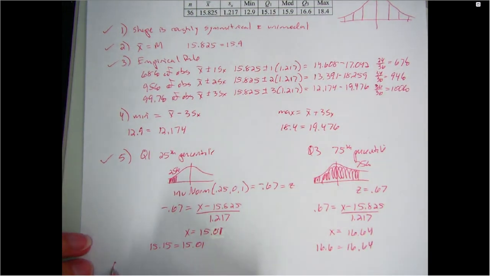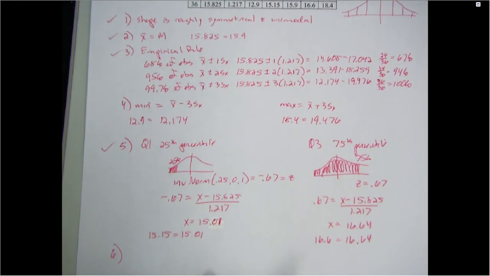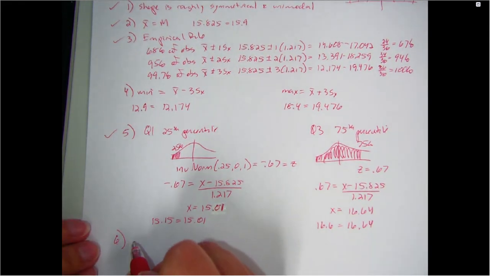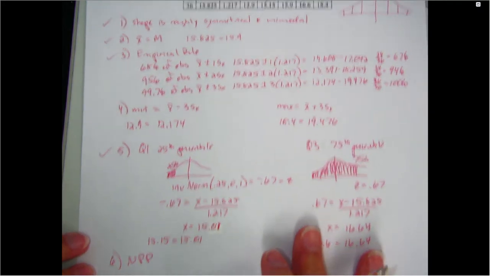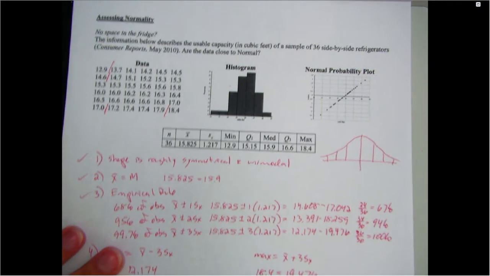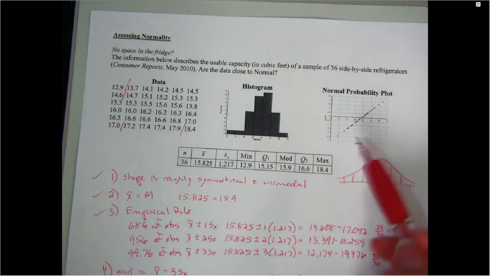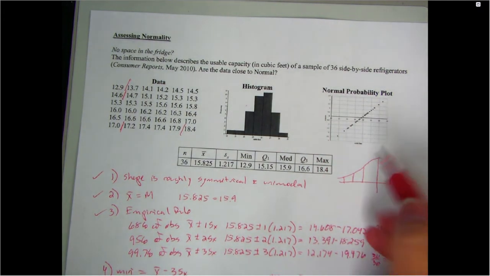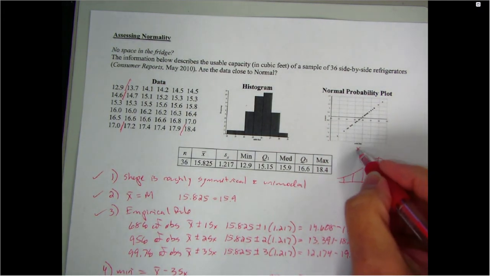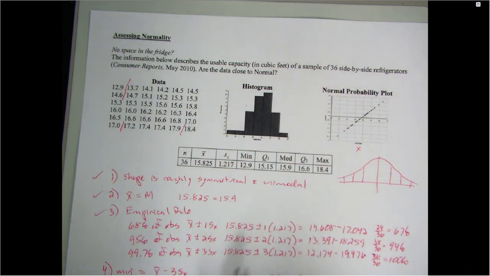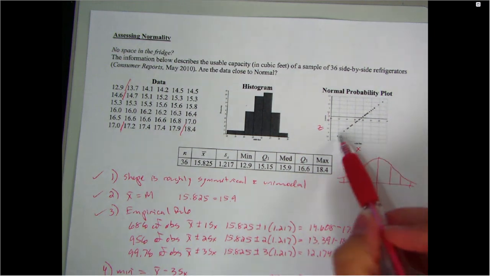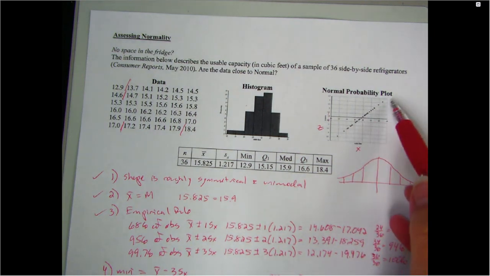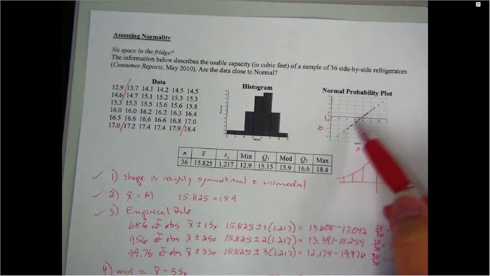Okay, the last way to determine if a distribution is normal is your normal probability plot, which I'm going to abbreviate as NPP. Okay, you will never have to create a normal probability plot. You will always be given it. But here's a normal probability plot. What it is, it's your x value, in this case our cubic feet of refrigerator space, against your z-scores. What we want from a normal probability plot is a nice linear graph.